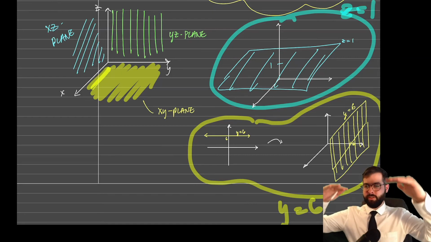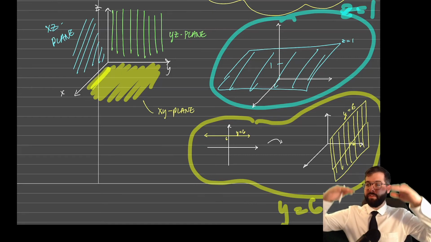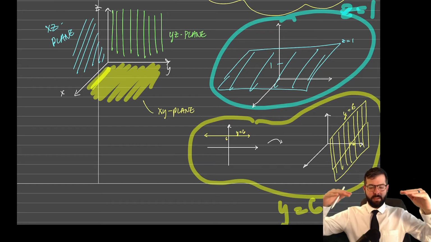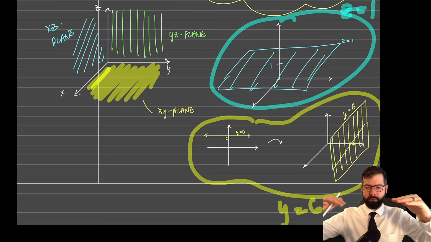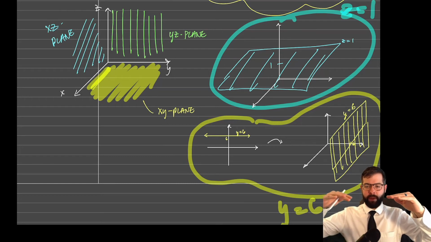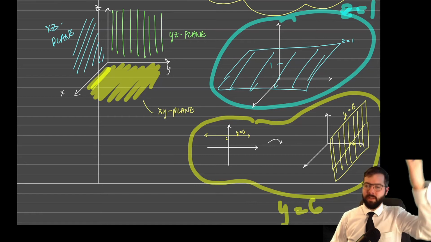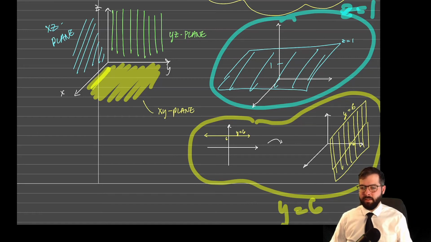So it's kind of like you took the XY plane and shifted it up by 1 vertical height, like put some stilts under there, raise it up on a platform. And then y equals 6, obviously a horizontal line in R2. So that becomes a plane in R3.